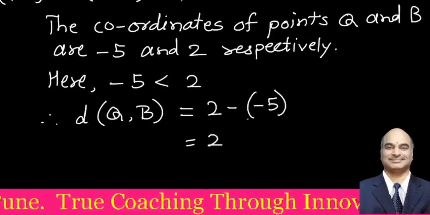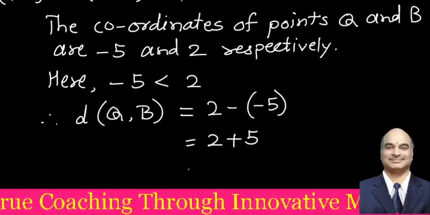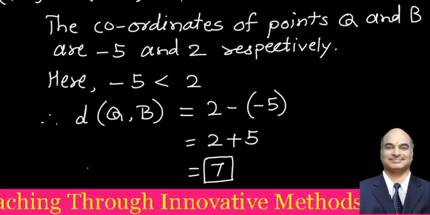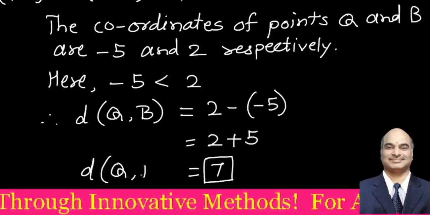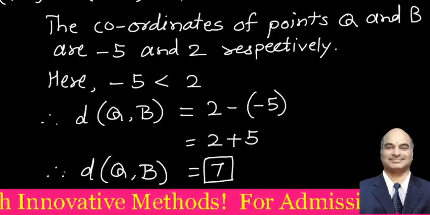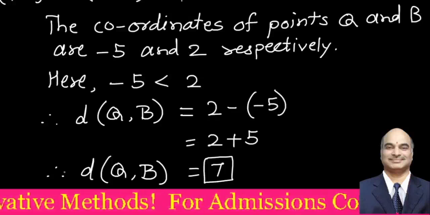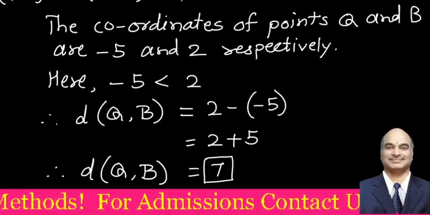So 2 minus (-5), minus into minus is plus, 2 plus 5 is equal to 7. So distance QB is equal to 7. That's our final answer, that is 7.